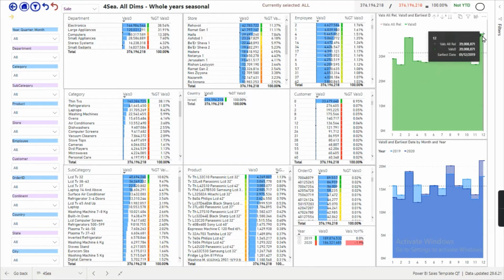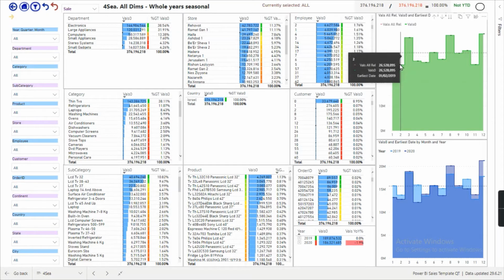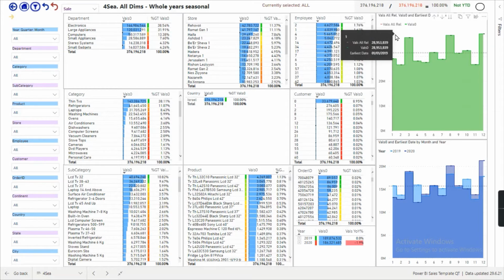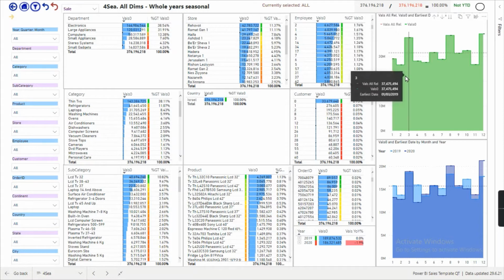So many people buy things here. That's logical. Before the peak, there is a down. Okay. So it's consistent. That's important for storage consideration and employee allocation and so on.